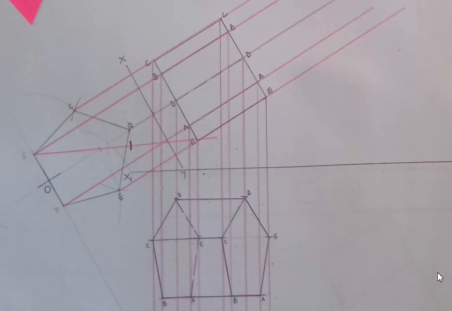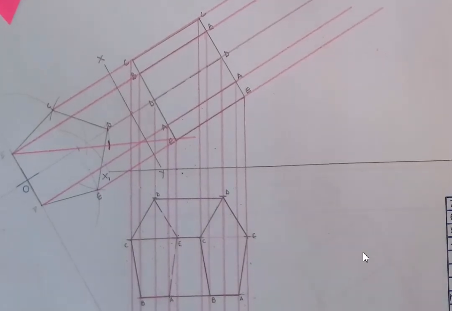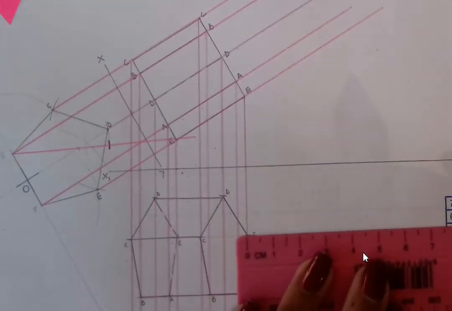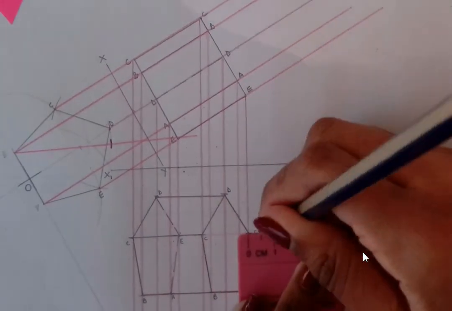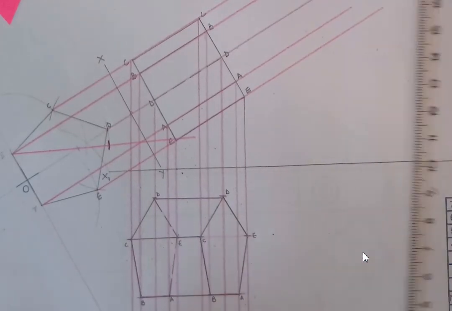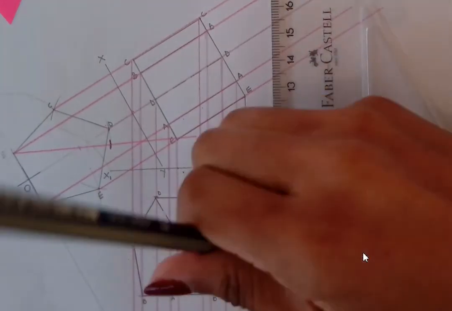Now going to the left view. So for the left view, we will measure 10, once again, 10 millimeters away from the vertical XY line.